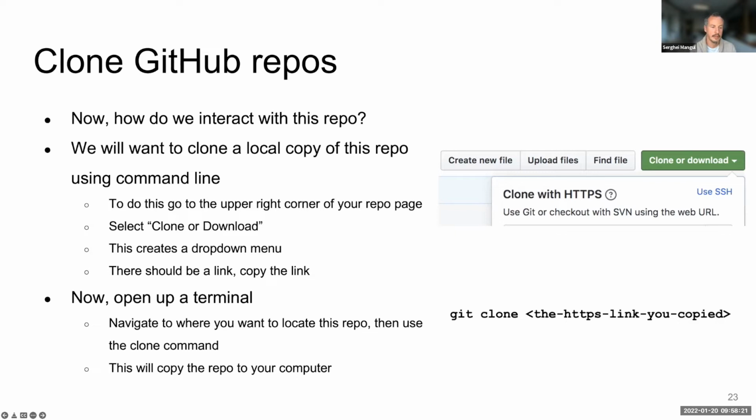So I think the TAs will go into the specifics here, but essentially in your Google Colab, you say Git Clone, and then the link. And I think there are two ways to do it: either an HTTPS link or an SSH link. So it depends how you configure it.